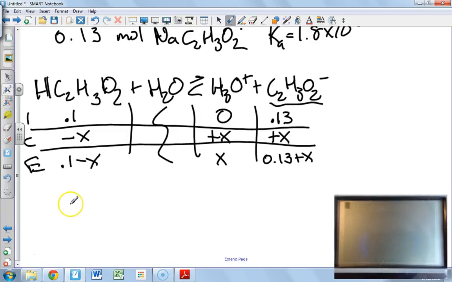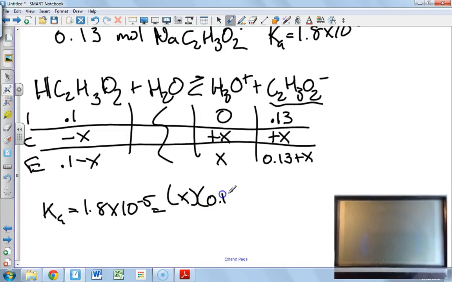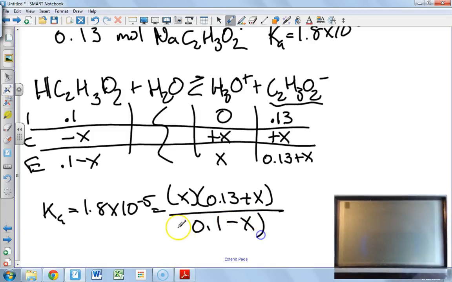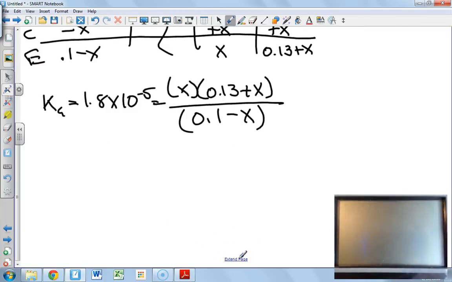Now, we set up our Ka. Ka equals 1.8 times 10 to the minus 5, which also equals products over reactants: x times 0.13 plus x, all over 0.1 minus x. Now when we do this, we can get rid of these x terms because we assume they're small.